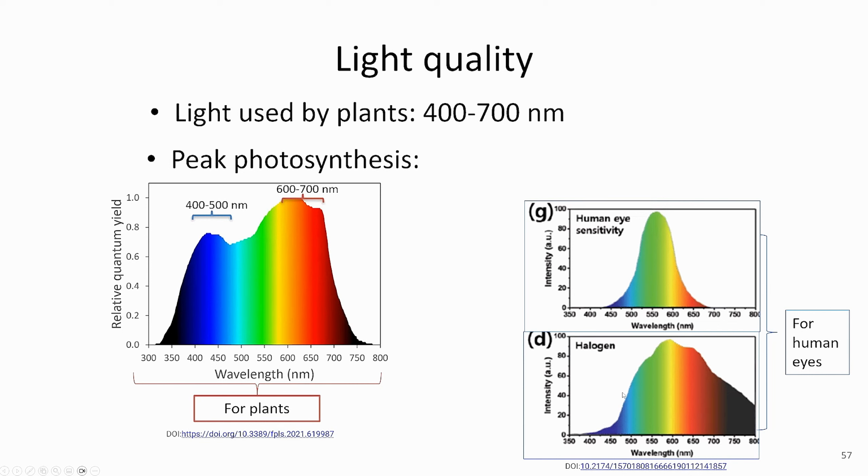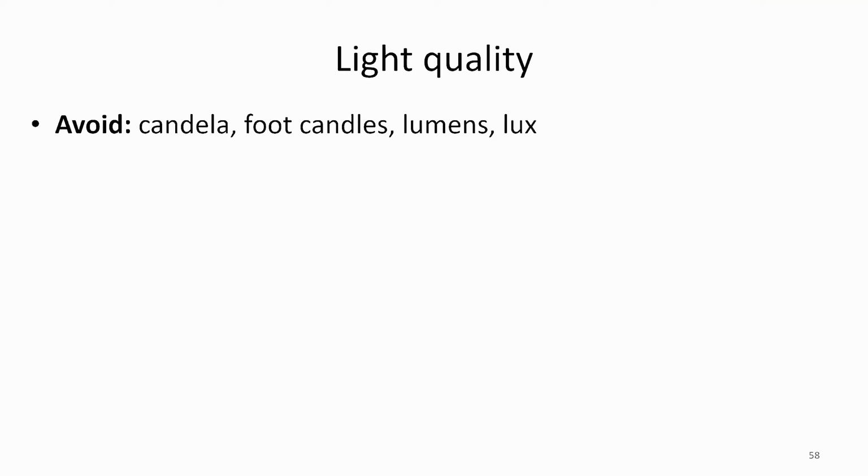So with that said, if you go to the shop, you're going to notice that the lights they sell you say this light has 300 candelas, or let's say, for example, 700 lumens or something like that. Now, these are units that are designed for human eye sensitivity. They do not mean anything for plant growth, right?